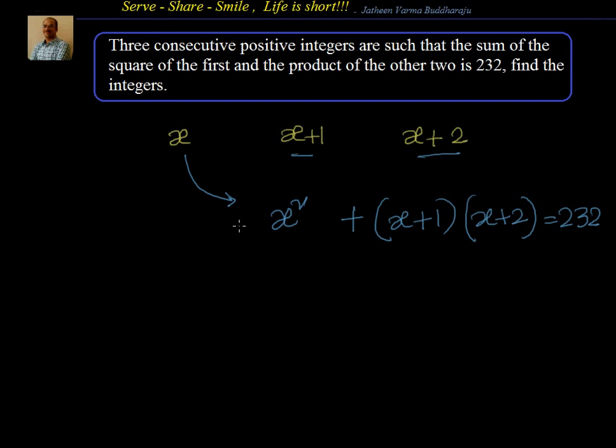So you can see this scenario comes down to a quadratic equation and we have to solve it using the quadratic formula or factorization. We'll do it with the quadratic formula just as a practice.